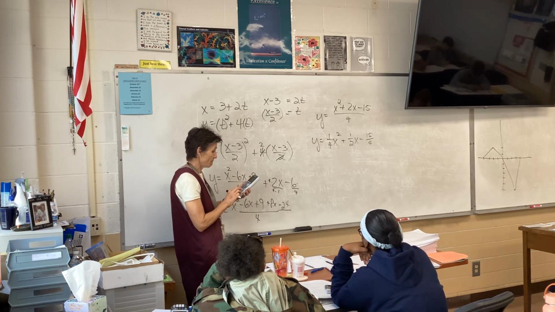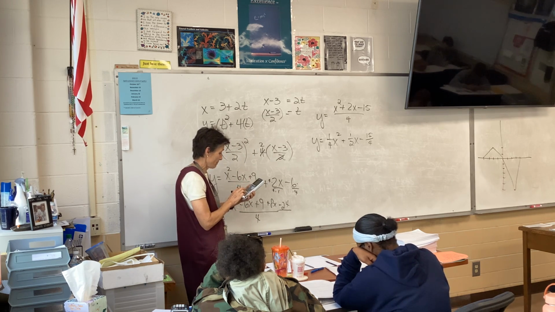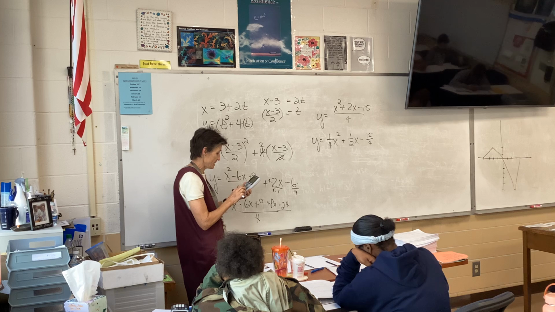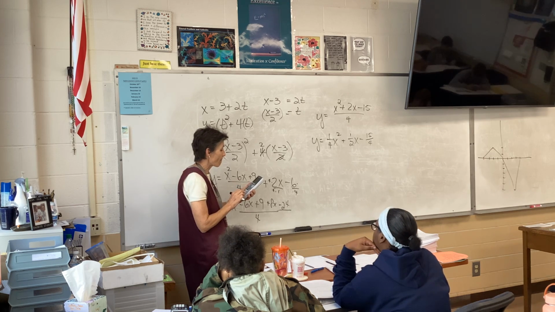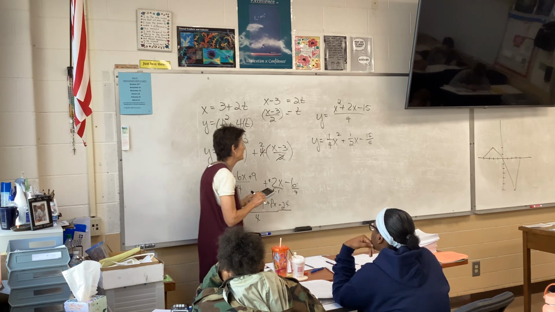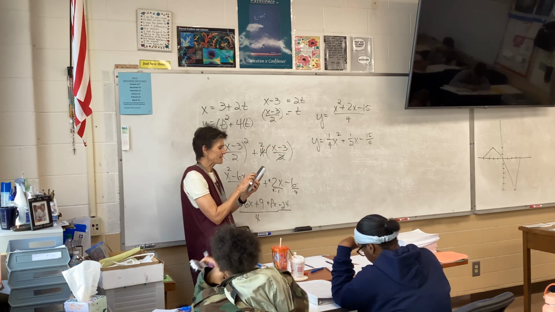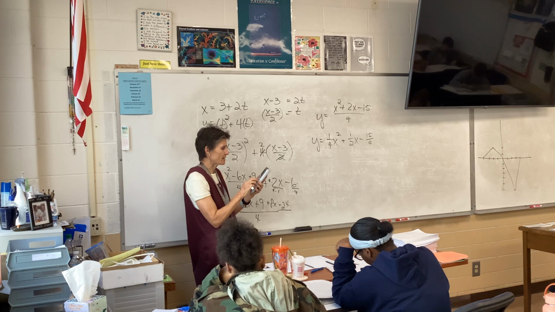So 1/4 x squared plus 1/2 x minus 15/4. What window should I have? Probably standard. I'll just start with a Zoom 6 standard window.